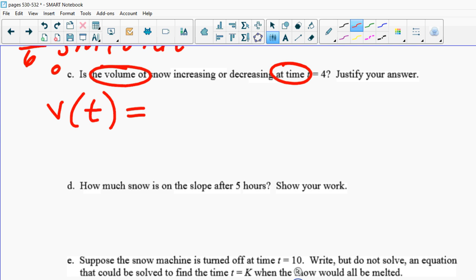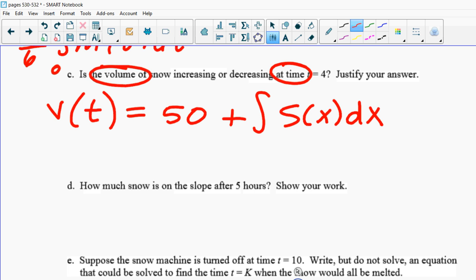What do I do with the integral of s and the integral of m? I will subtract them. But what are you forgetting? The 50. The volume of snow on the ground at any time t is going to be what was there when you started, plus, now I'm going to do this funny and you're going to wonder, but I'm doing it anyway. And I'm going to put my limits in a minute. I add the snow that was added, and I subtract the snow that was melted.